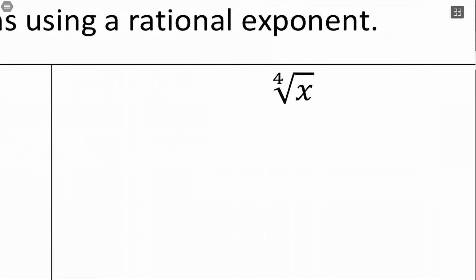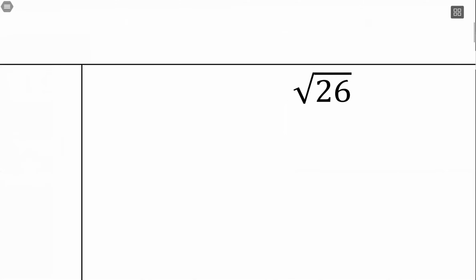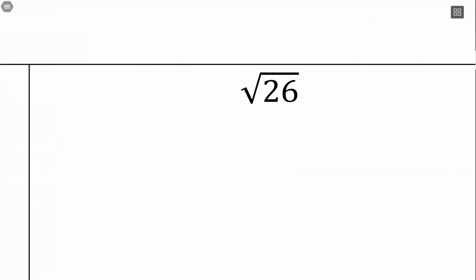For this case, this is actually similar to our example up above, where we would have this base x, and then because it's a 4th root, we would have a 1/4 exponent. And then this last one here, we have 26, and what we would just want to think about is even though there isn't a number there, really this is a square root, so there's technically a 2 there, so this would be the same thing as writing 26 to the 1/2 power.